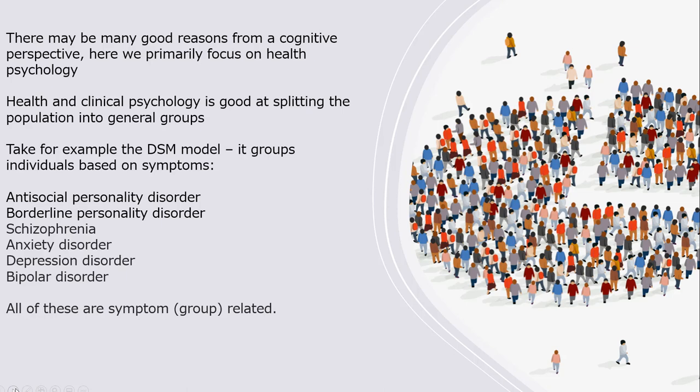So the DSM model is a clinical classification model, DSM-5, and it categorizes people on the basis of symptomology: schizophrenia, anxiety, depression, bipolar. These all have very specific symptoms. So that's a huge problem in psychology in that we're focused on a very specific symptom-based approach. We're not looking at other factors.